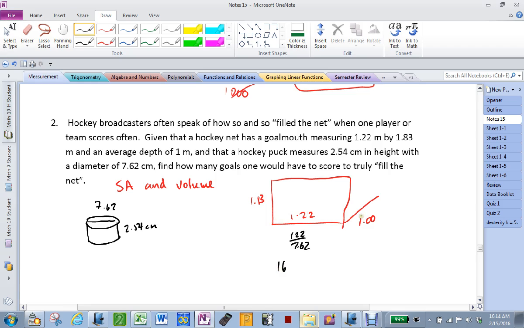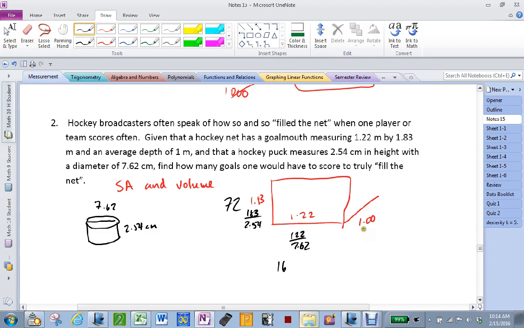How tall is it? 1.83. So it's 183 divided by what? 2.54, to get 72.04. So how many pucks? 72 pucks. The black is how many pucks fit.